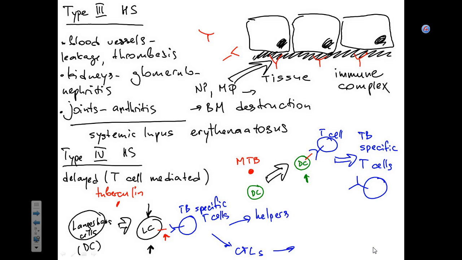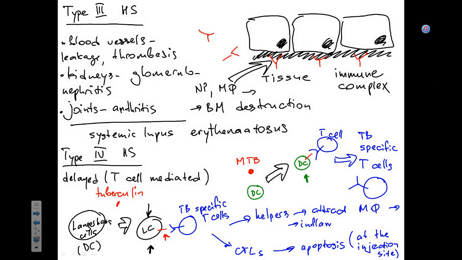So CTLs will cause apoptosis in the site of injection. Helpers attract macrophages, okay?